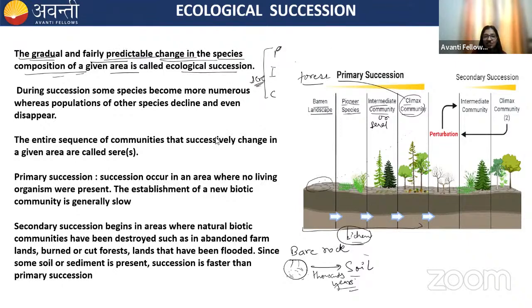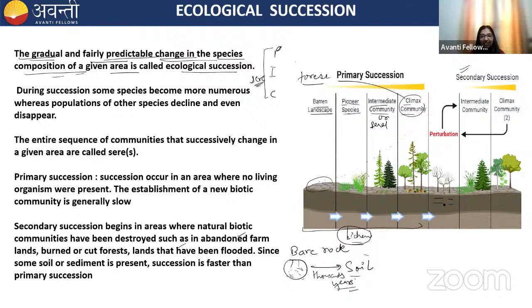So primary succession usually occurs in an area where there's no living organism, for example, bare rocks or lava. But secondary succession occurs in an area where natural biotic components were present, but due to disturbances or some natural calamities, these species got destroyed, such as abandoned farmlands, or land that has been flooded.